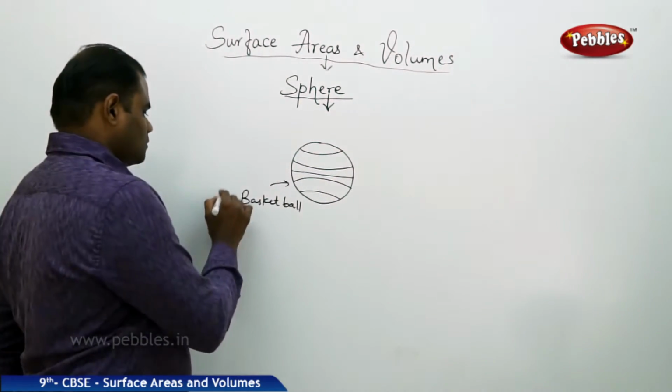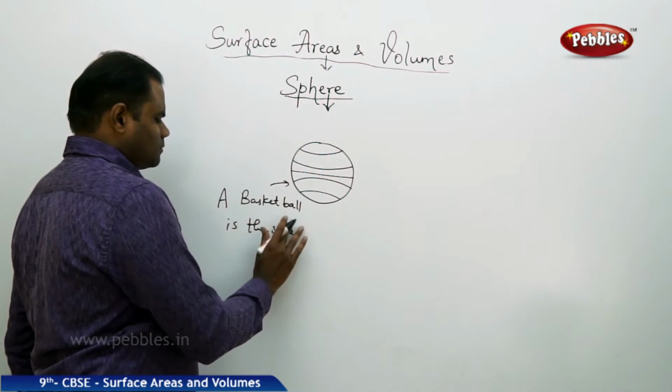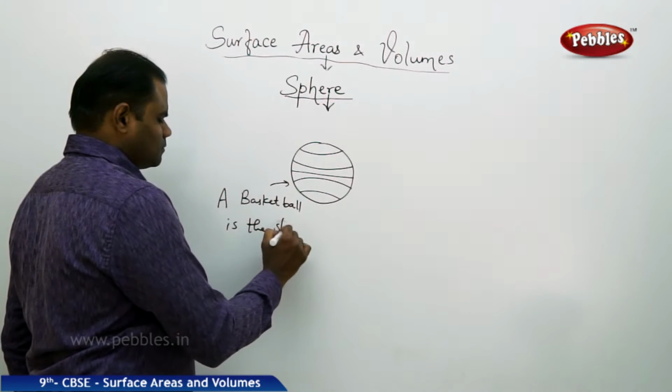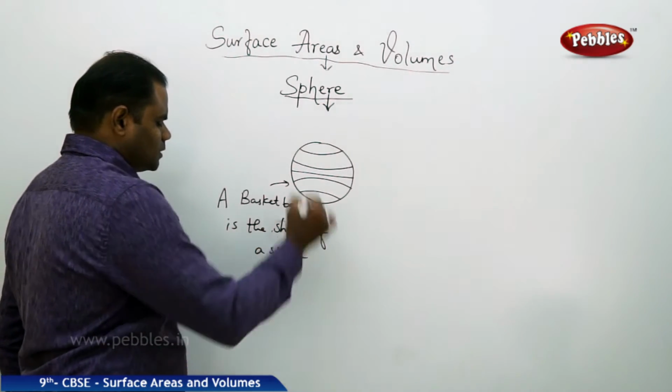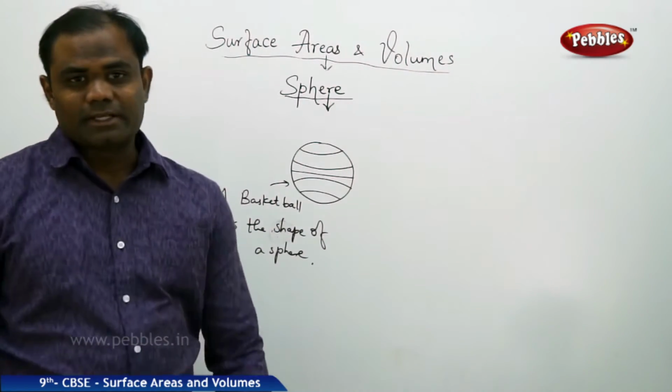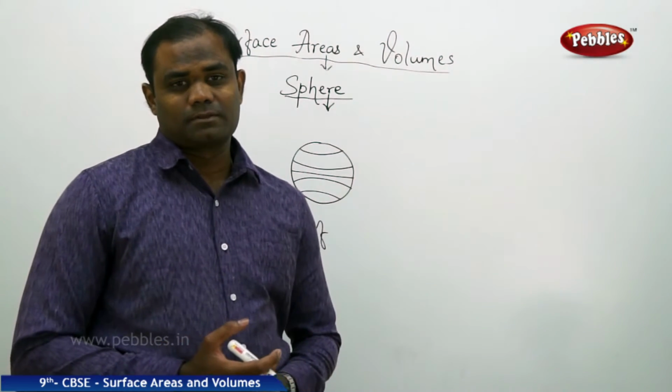So a basketball is the shape of a sphere. But how do we define a sphere in the general sense through mathematics?